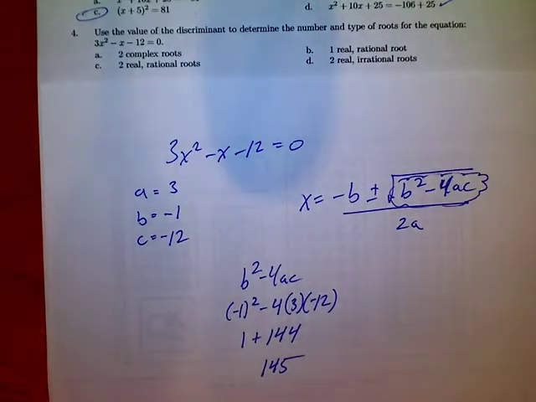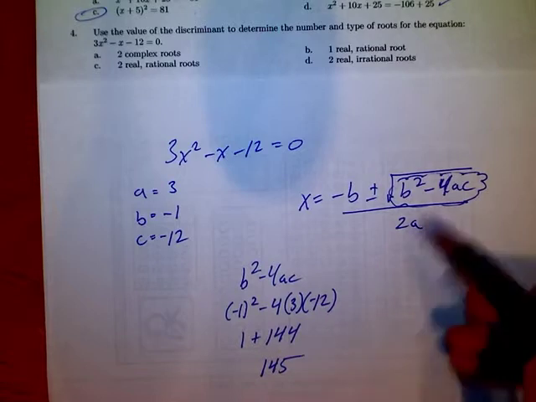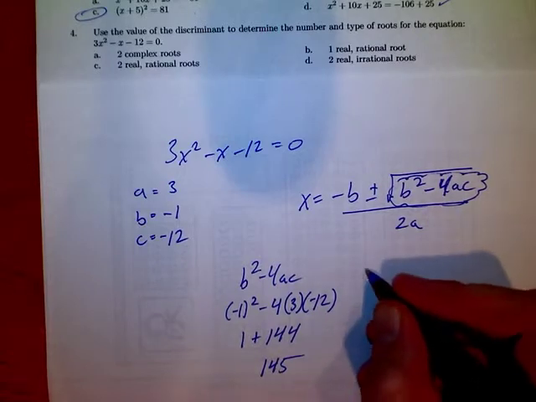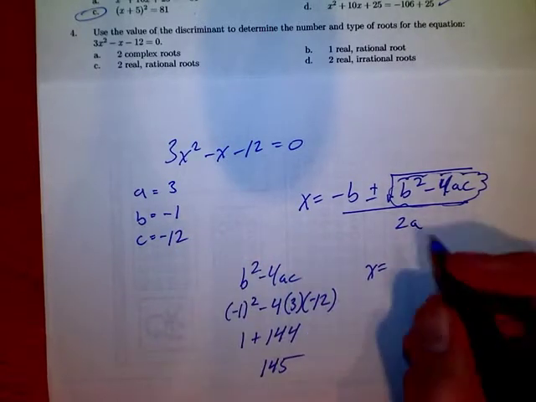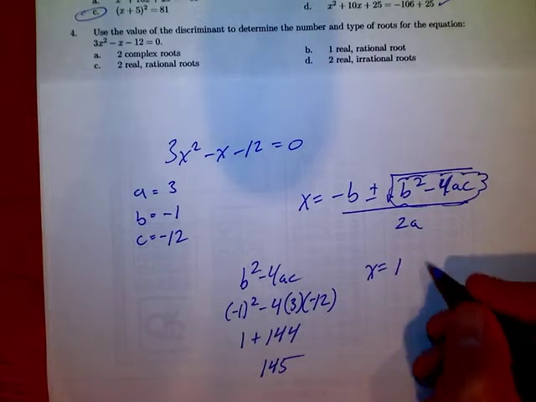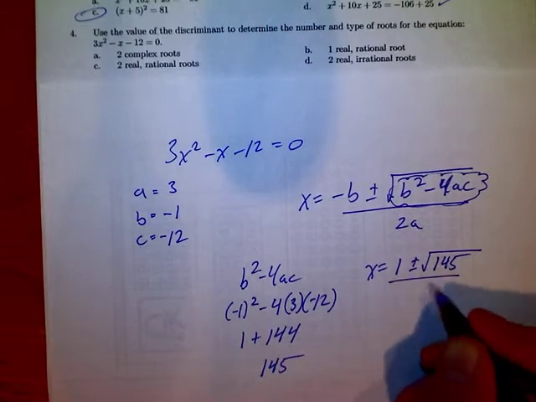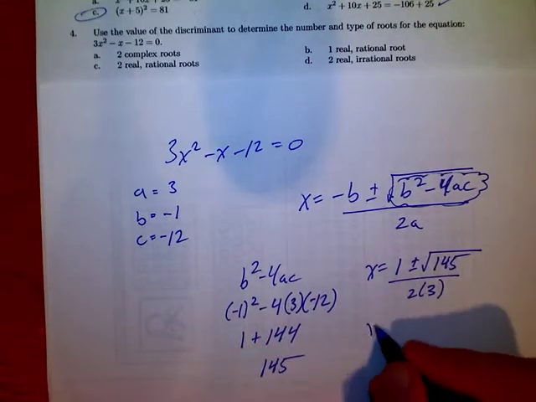Now let's keep this in mind. If we put this into our formula, you'd have x equals the opposite of b, which in this case would be positive 1, plus or minus the square root of 145 divided by 2 times a, which is 3.